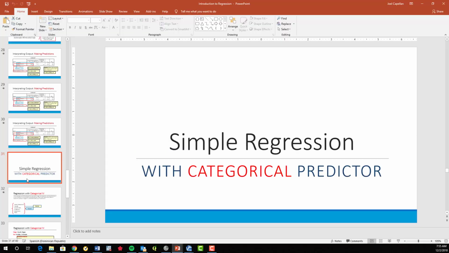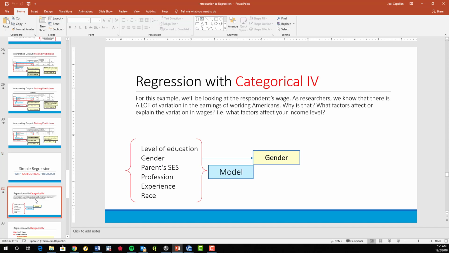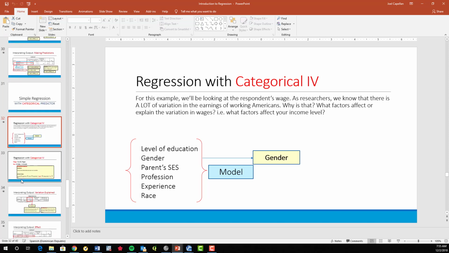Moving on to the next scenario, let's use simple regression now with a categorical variable. When you have a categorical variable, interpretation changes a little bit. The variable that we selected to analyze in class is the effect of gender, the effect of being female on your hourly wages.